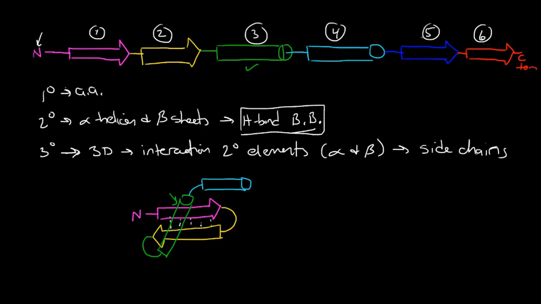And then finally we have our last beta sheet, which perhaps is sitting something like this. I'm making up this structure as I go, but what I'm hoping makes sense is that when this structure compacts into the structure that we know it needs to give it its function, there has to be interactions between these secondary structural elements that exist in the polypeptide backbone. And these need to be held together by interactions with side chains.